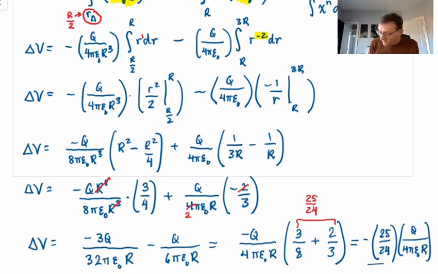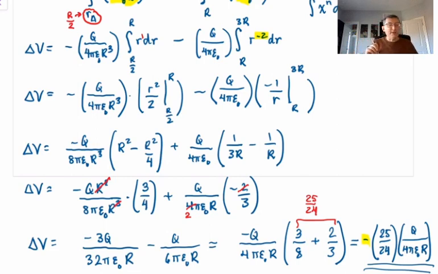Note the negative sign. That's important. That means the potential at point B, the final point, is less than the potential at point A. Okay? And we have calculated the potential difference.